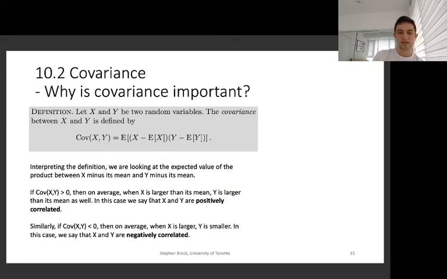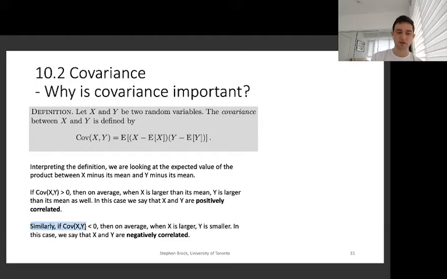So in this case, we say that x and y are positively correlated. And the reason we're using positive here is because we're looking at covariance greater than 0. And yeah, so they could either be positively correlated if when one is negative, the other is negative, or when one is positive, the other is positive. And I mean that with respect to their means.